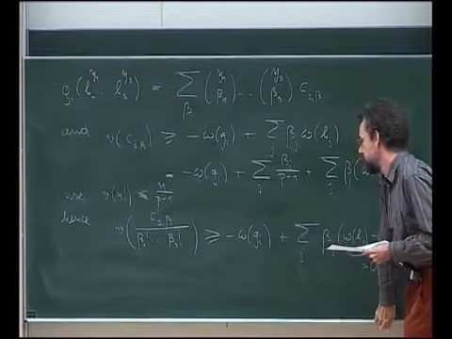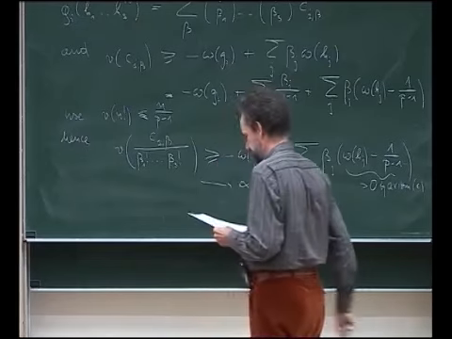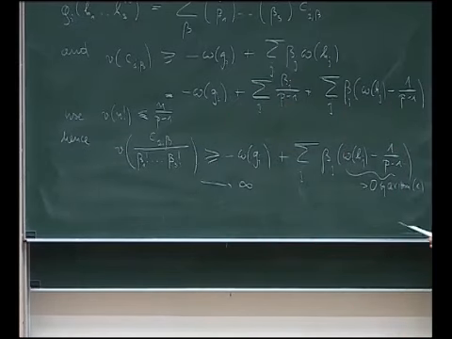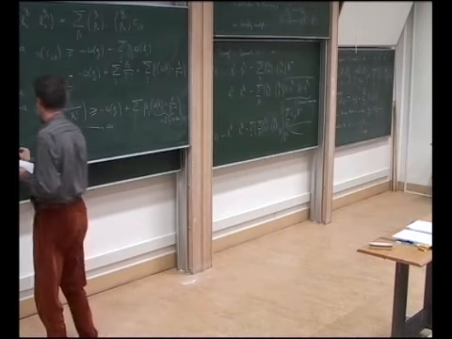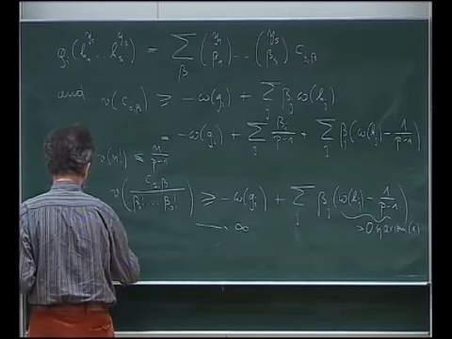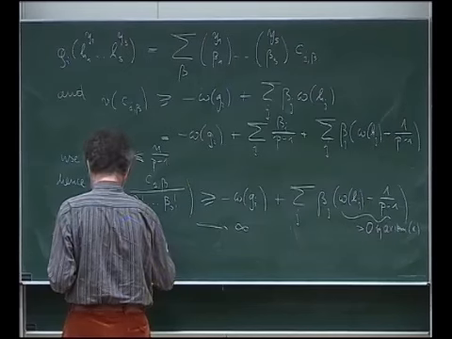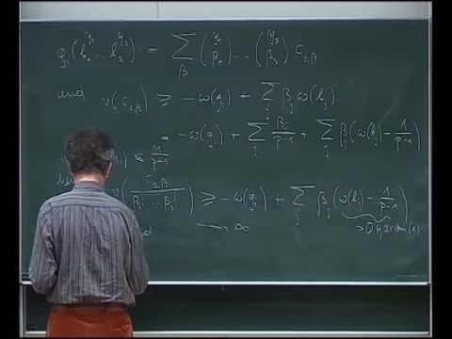And this is strictly bigger than 0, right? By axiom A. So this goes to infinity with beta.